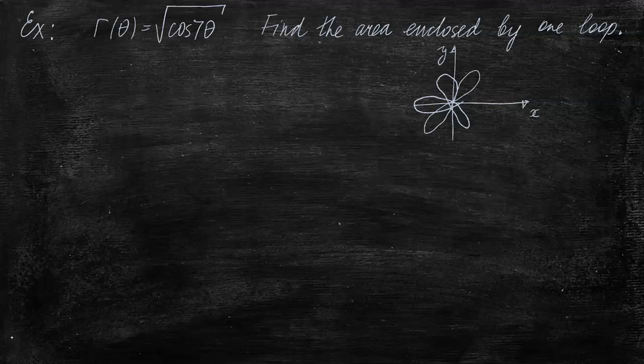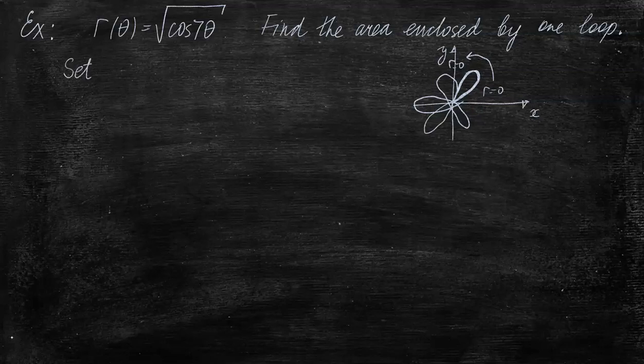And what would be one loop? One loop is when your r is equal to 0, then it moves and then goes back to r equals 0. So we just need to find the two consecutive values of theta that make r equal to 0.